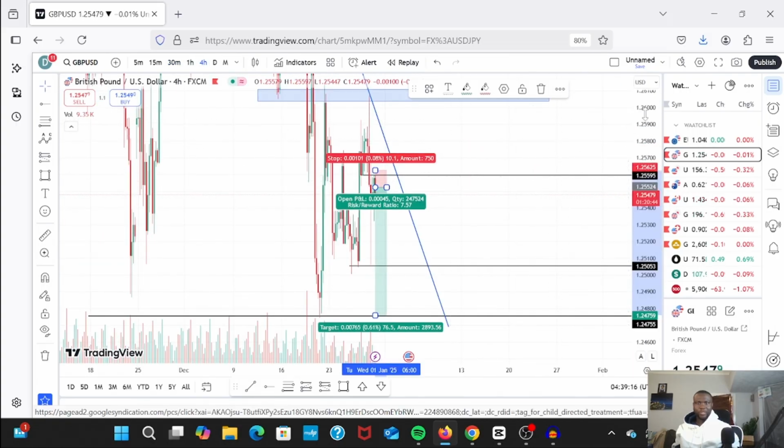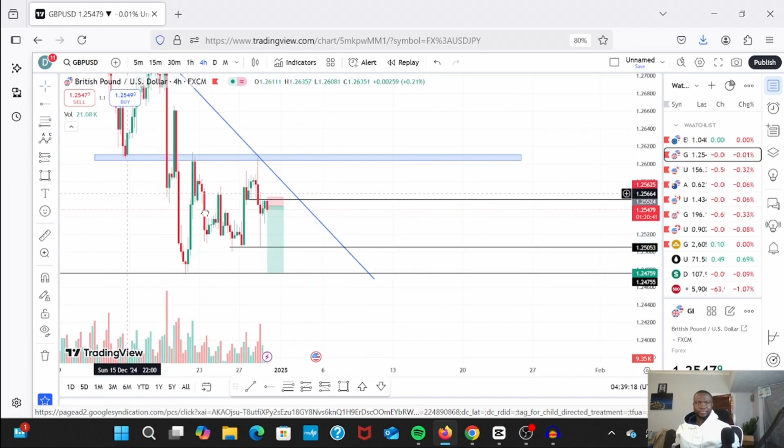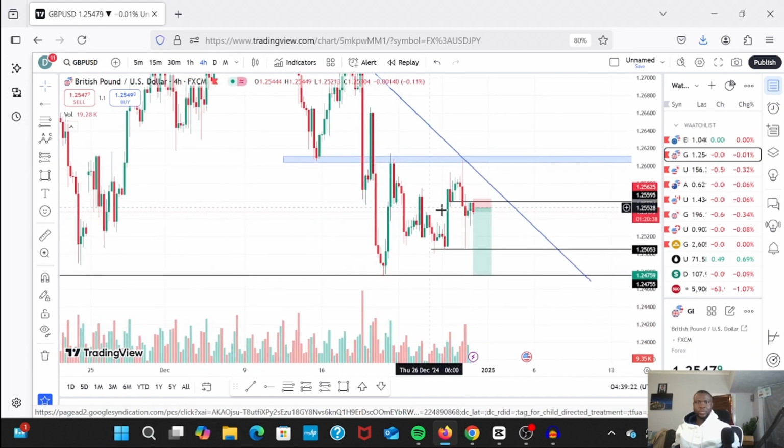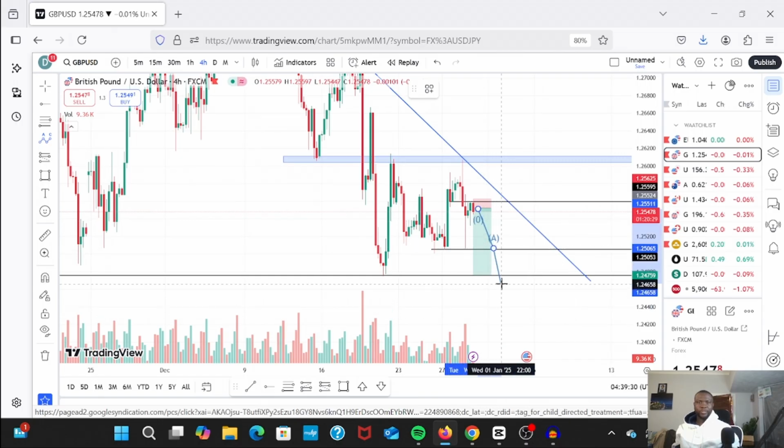So let's go to our 4 hours chart. I'm expecting this market to pull from this level to this point, then down to this point. Then we can also maybe break so that we can have what?